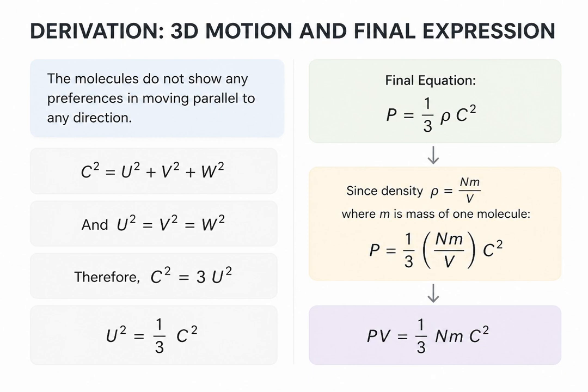Therefore, c squared equals 3 times u squared, or u squared equals 1/3 c squared. Substituting this into our previous equation gives the final expression, pressure P equals 1/3 rho c squared. By replacing density with total mass, m, over volume V, we can also write this as PV equals 1/3 m c squared.